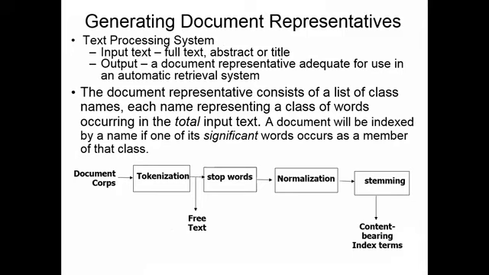So as we said, the sequence will be decided later through experimentation. But given a free text collection, that means document collection, how can we identify index terms that are used for indexing? How can we identify query terms that are used for searching?